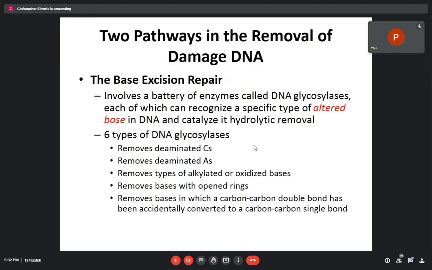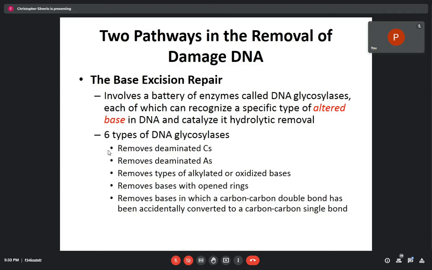When you are talking of the base, you are talking of the conversion of cytosine to uracil. That's why it has to be removed.